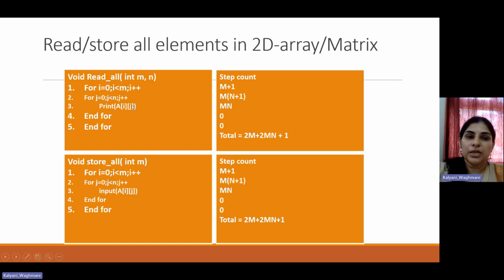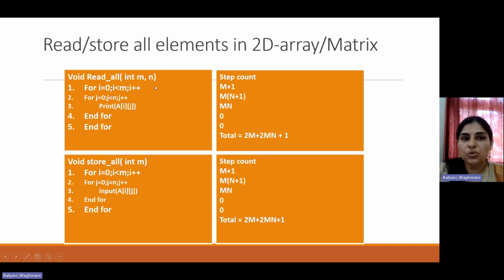If I want to read or print the complete matrix, then starting from the 0th row, I will iterate the inner loop for all the n columns which are present and I will print the information at A of ith row and jth column. So the inner loop is going to execute n times for every i value which starts from 0 to m. And because of that, the complexity is coming as order of n square.